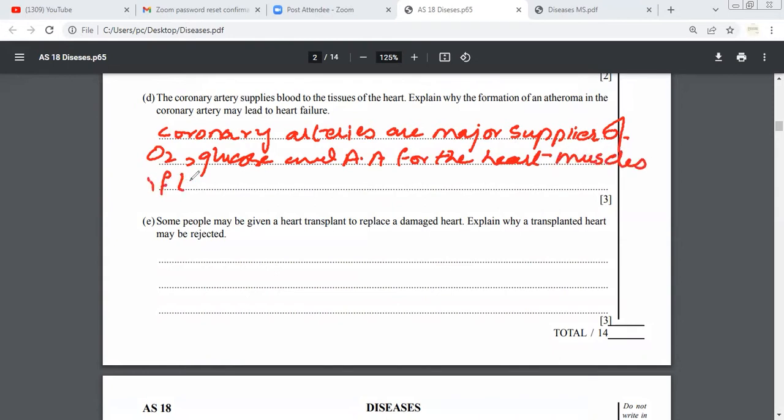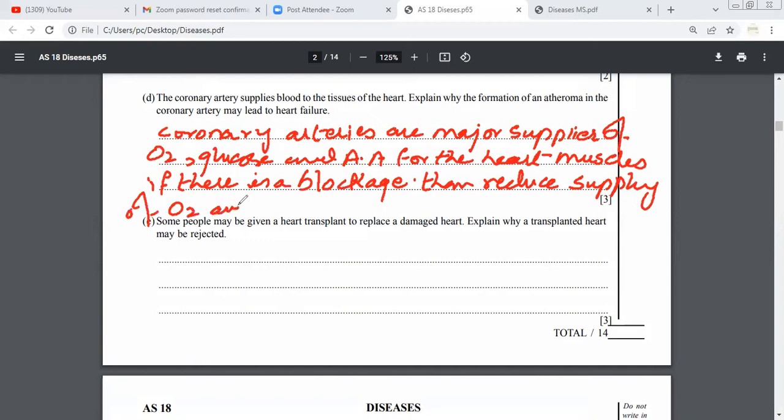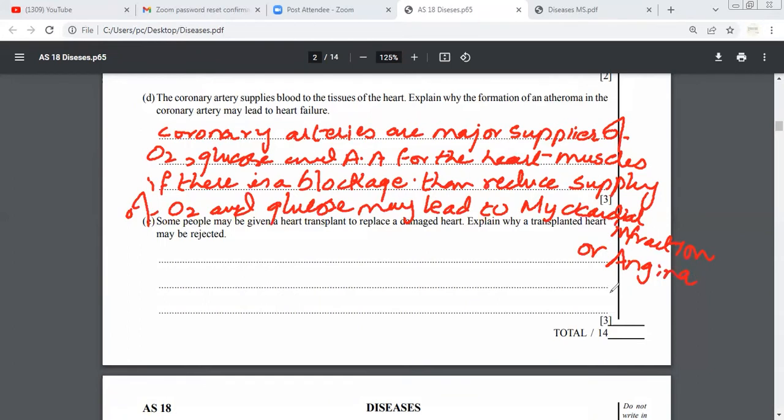If there is a blockage, then that reduces the supply of O2 and glucose, which may lead to myocardial infarction or angina pain.